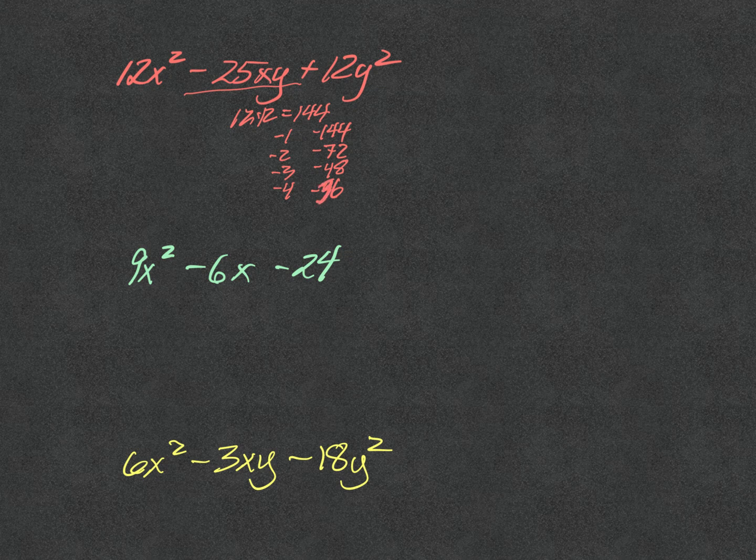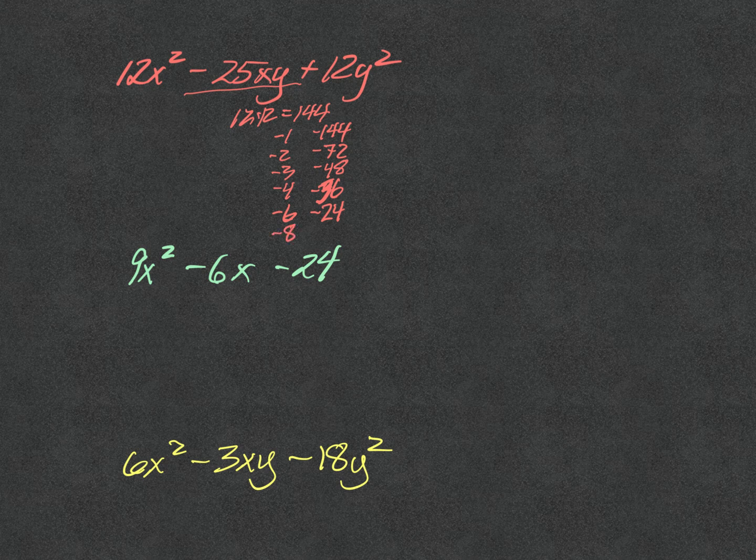Sorry. Now we're getting close. Notice this adds to negative 40, so we're getting close. 5 won't go in there, but 6 will. Negative 6. And into 144, it goes 24. So that adds to negative 30. So the next one's probably correct.